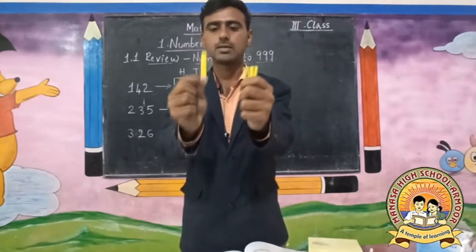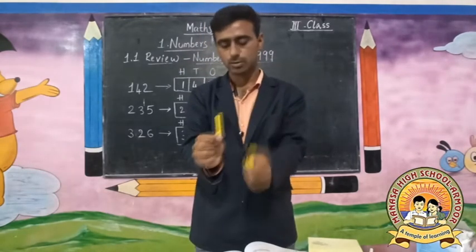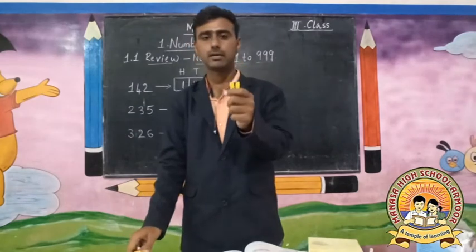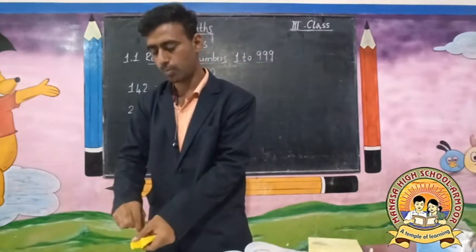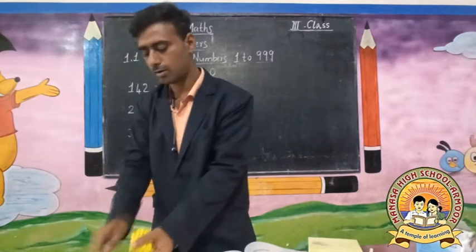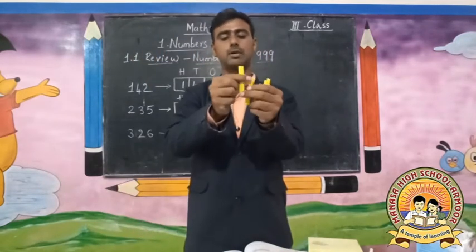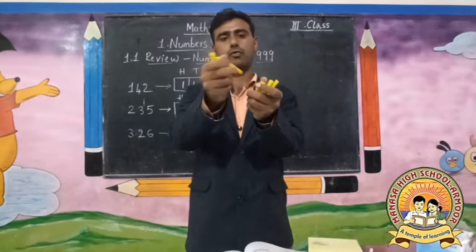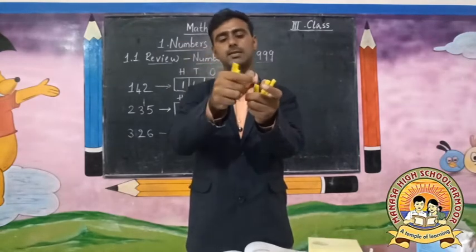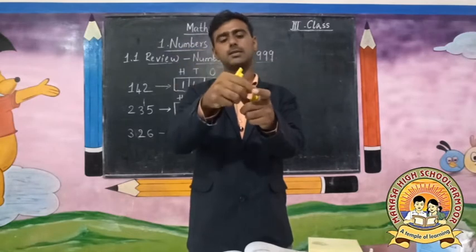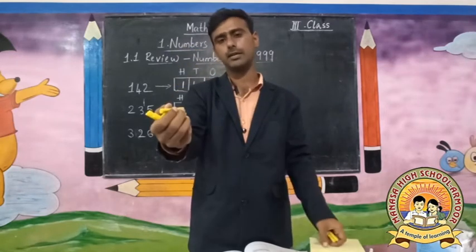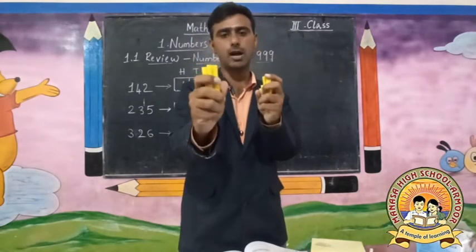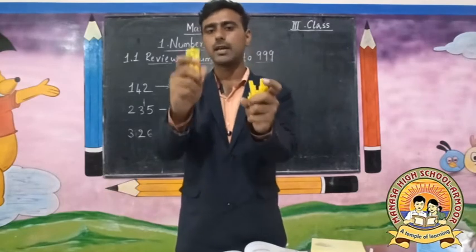Group of 10 ones is called 1 ten. So a group of 10 tens is called, let us show you: 1 ten, 2 tens, 3 tens, 4 tens, 5 tens, 6 tens, 7 tens, 8 tens, 9 tens and 10 tens. This 10 tens, a group of 10 tens, is 100.